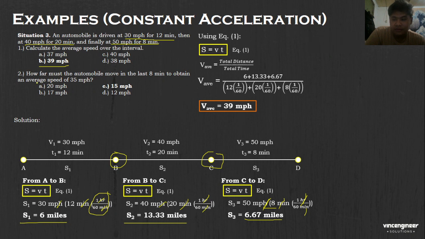So for question number 2: how far must the automobile move in the last 8 minutes to obtain an average speed of 35 miles per hour?